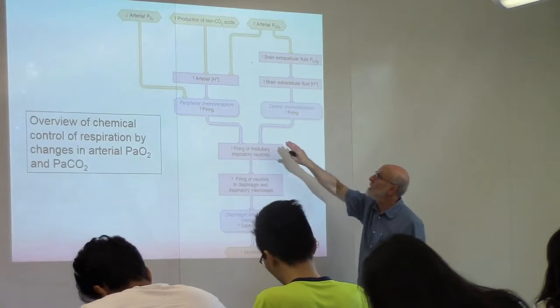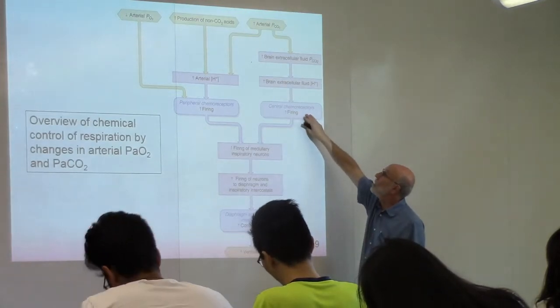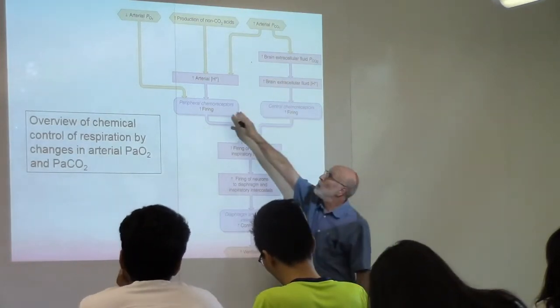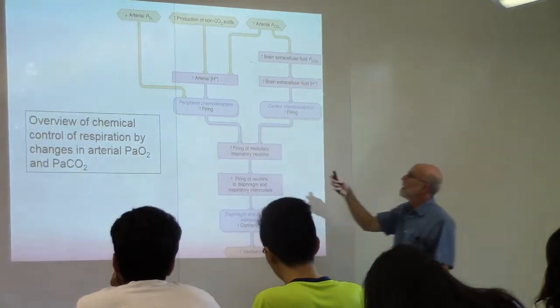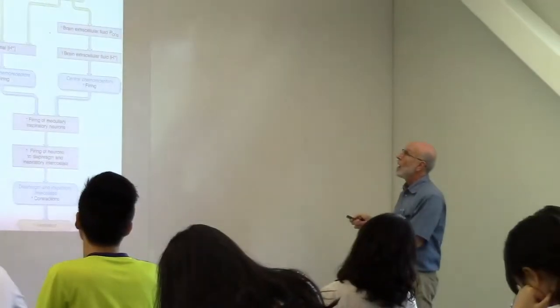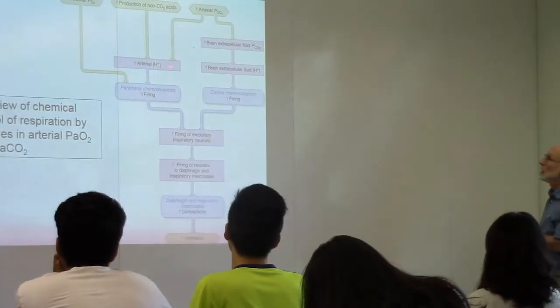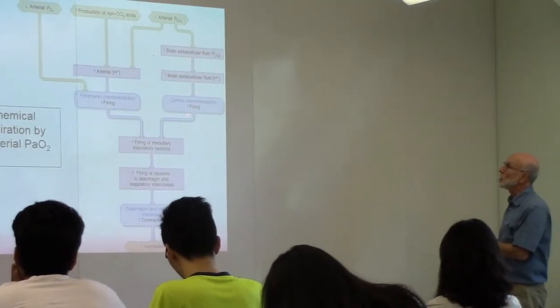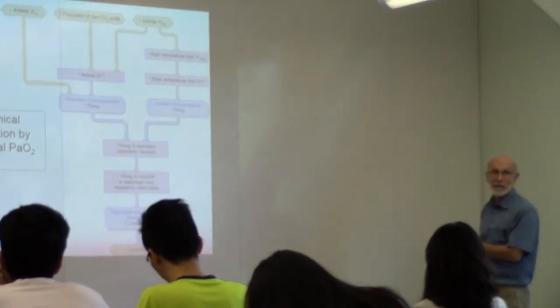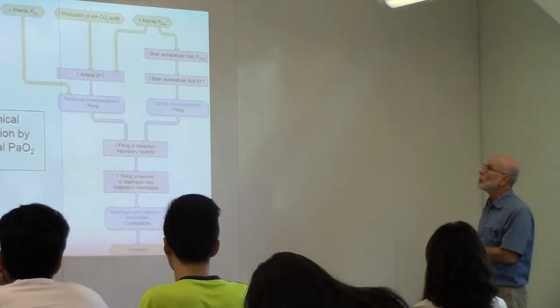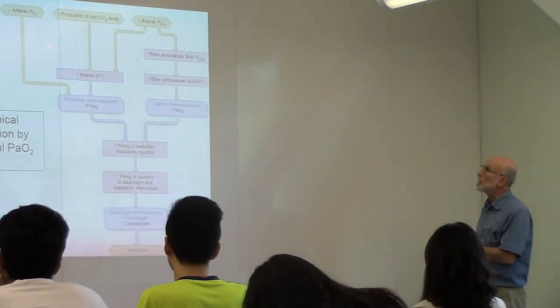So see what's happening here. The central chemosensors detect only acid, and the peripheral chemosensors detect both acid and O2.